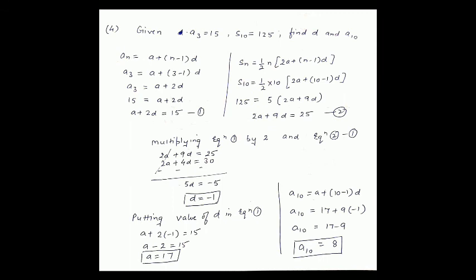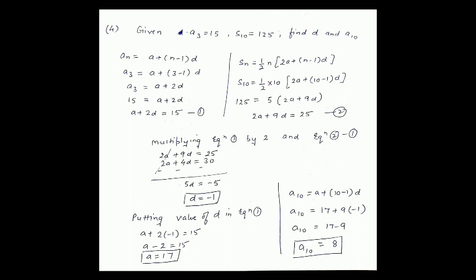Now we will use the formula of Sn also. So Sn will be 1 by 2n, 2A plus n minus 1 D. After putting the values and simplifying it, it will be 2A plus 9D is equal to 25. We will make it equation 2. So we have to solve these two equations. First you multiply equation 1 by 2, and then equation 2 minus equation 1.